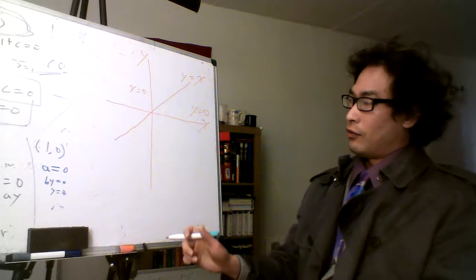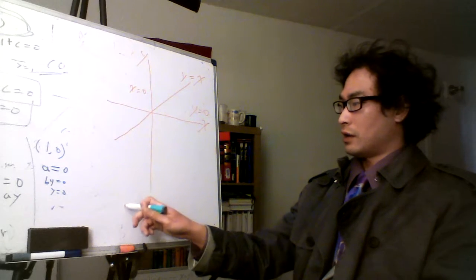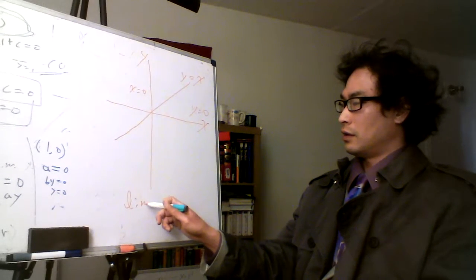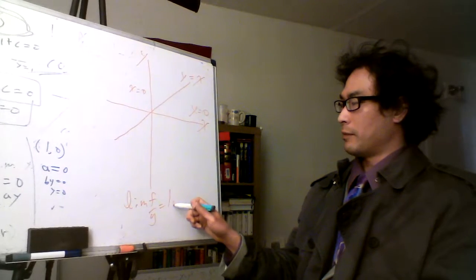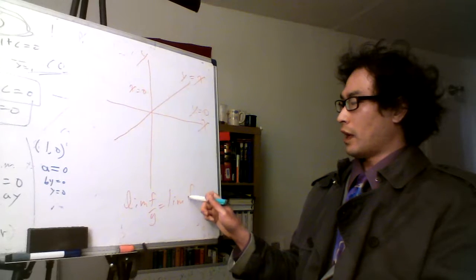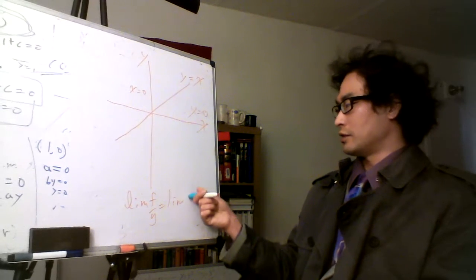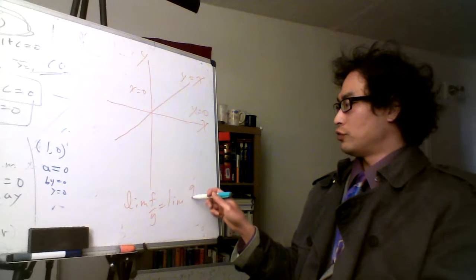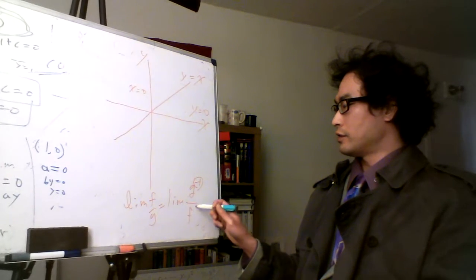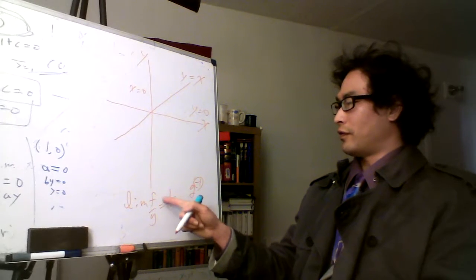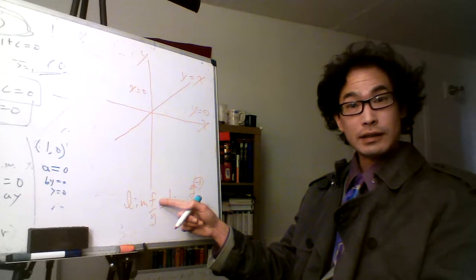Because the original initial motivation is that the limit of f over g, by the second L'Hopital theorem, is equal to the limit of g inverse over f inverse. But what if f is a constant?